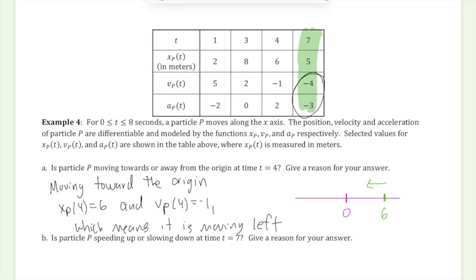If we notice here that they're both the same sign, that means we are speeding up. And if you wanted to argue, you can just say the velocity and the acceleration at that point are the same sign. In this case, they're both less than 0, which means they have the same sign.